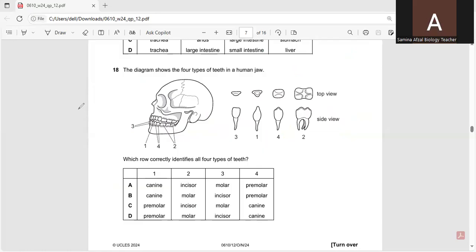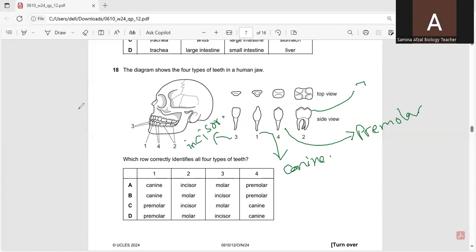So number 1 is canine, and number 3 is incisor, and number 4 is premolar, and molar. Incisors are for biting, canines are for tearing, premolar and molar are used for grinding and crushing.